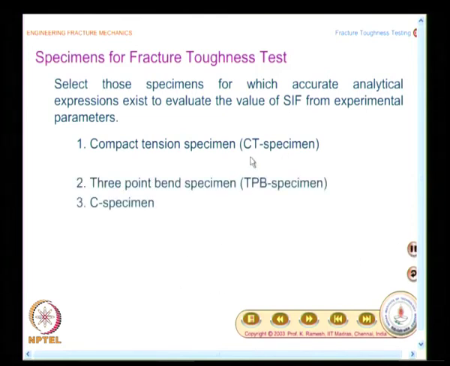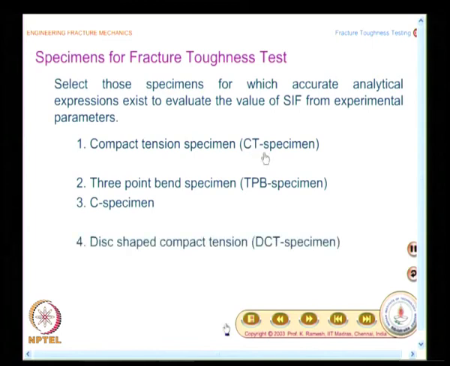We will also see a standard and how these would be represented later. And you have a 3-point bend specimen, the TPB specimen. Then you have a C specimen and a disc shaped compact tension specimen.